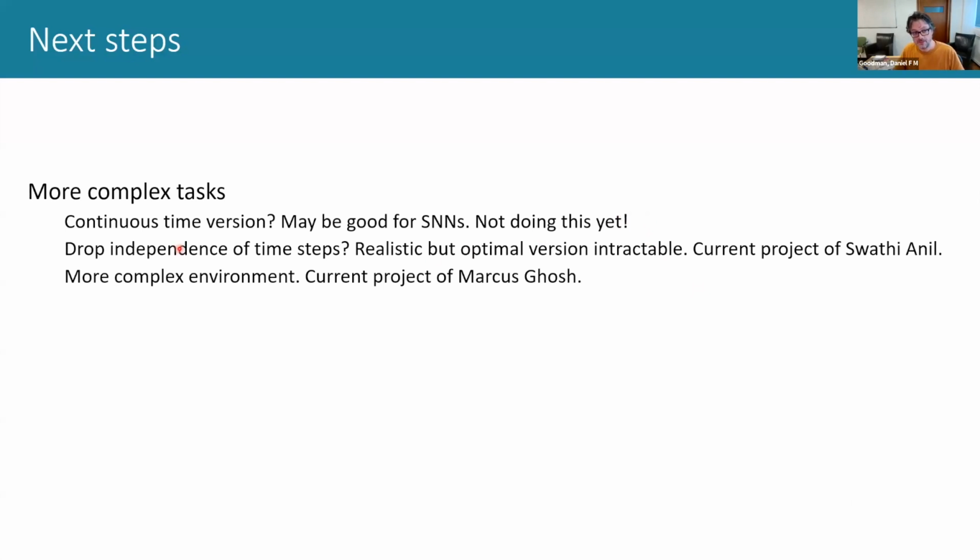We can drop the independence of the time steps. That's a slightly unrealistic part of the task, right? If at time t equals 5 you get one piece of information, at time t equals 6 you don't necessarily have anything, so all time steps are totally independent of each other. I have a visiting student, Swathi Anil, who's working on a version of this task with switching behavior.